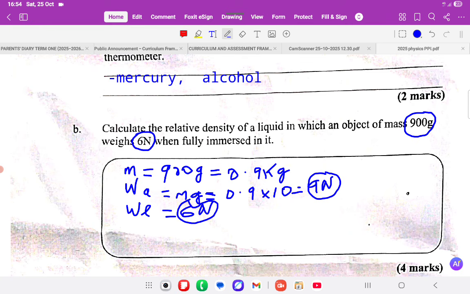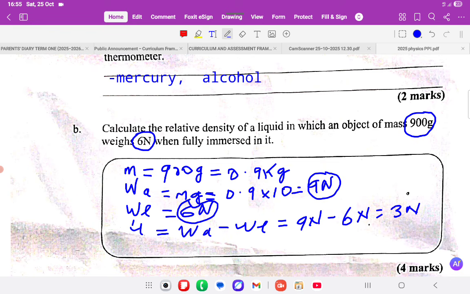We call it apparent loss in weight, and that is equal to upthrust. So upthrust U is simply equal to the weight in the air minus the weight in the liquid, which is 9 newtons subtract 6 newtons, which in this case is 3 newtons.